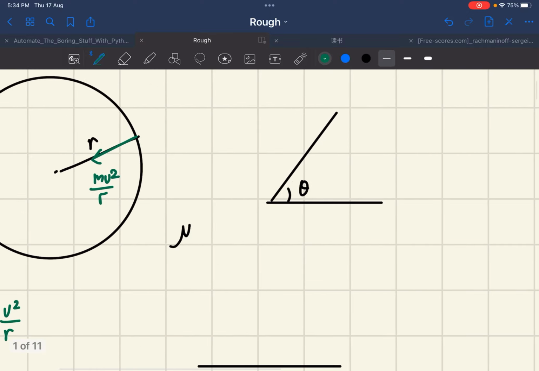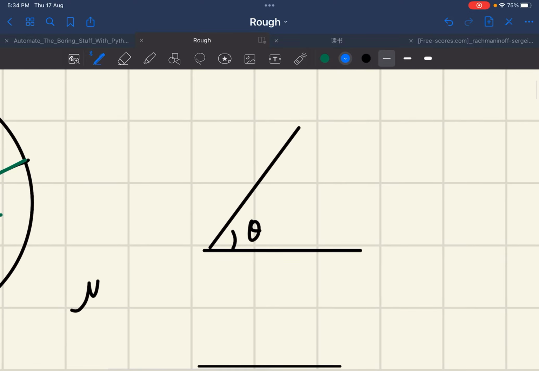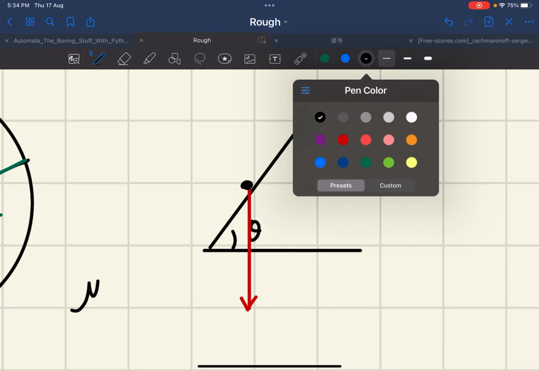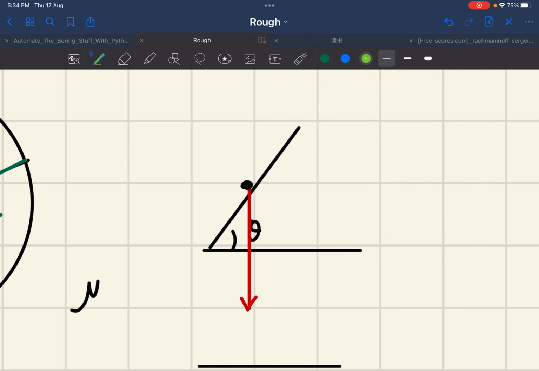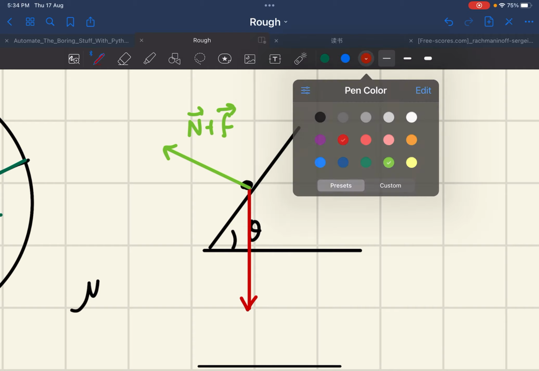Now, the forces on the car are gravity, let's draw the car. Here's the car. It experiences a force of gravity and also a normal force and friction force. Let's combine normal force and friction force into one vector sum.